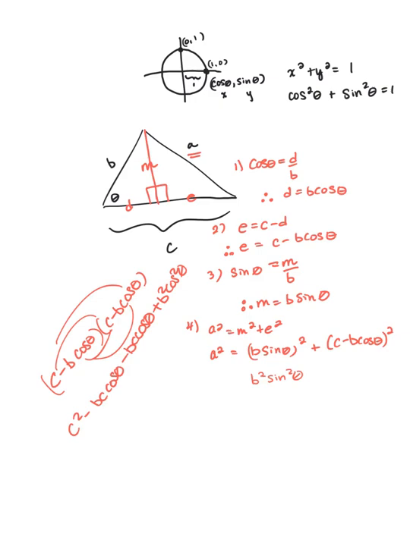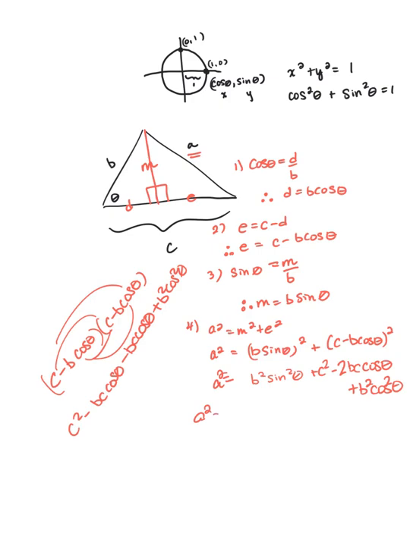Okay, so I'm going back to here. So I have plus C squared minus 2BC cos theta plus B squared cosine squared theta. That's A squared. Now I can factor out the B squared, right?